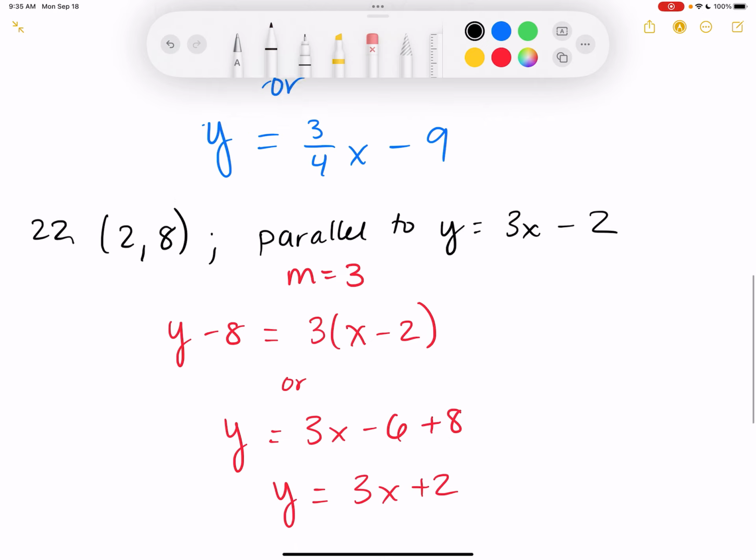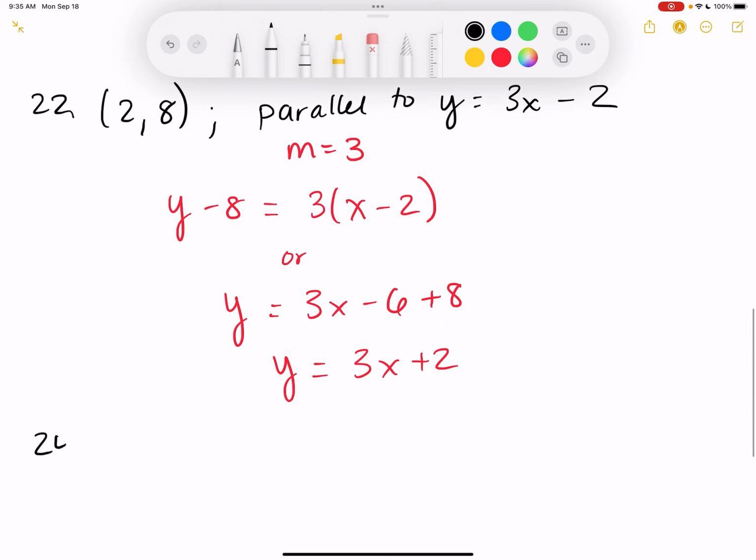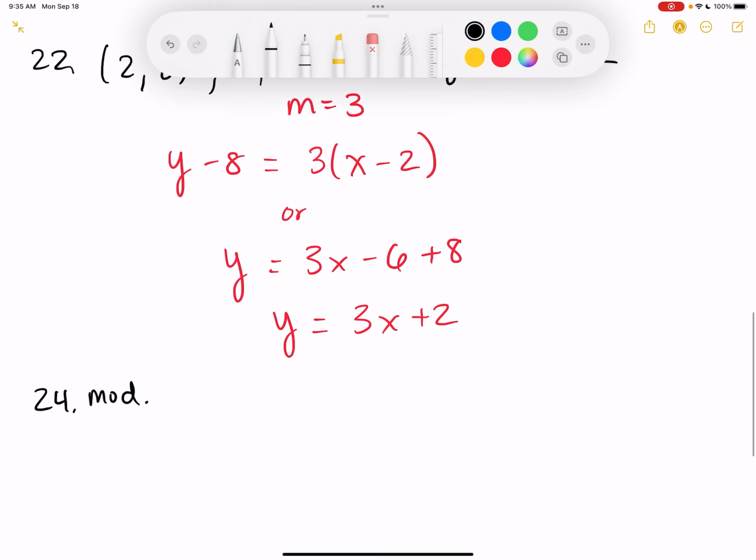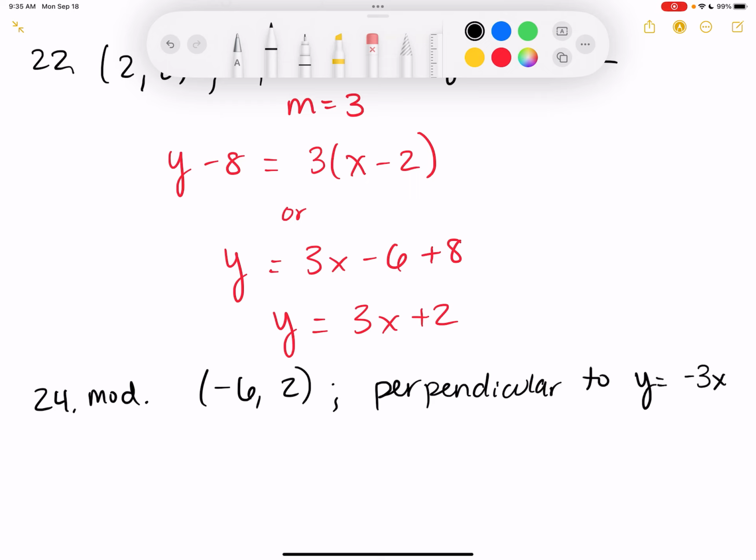All right. 24. I'm going to modify it though so that it's a little harder than it is in the book. So the point (-6, 2) and perpendicular to y equals negative 3x minus 2. Now, in the book, just in case you want to know, it was y equals negative 2, but that makes it not very hard, so I'm changing it to this.